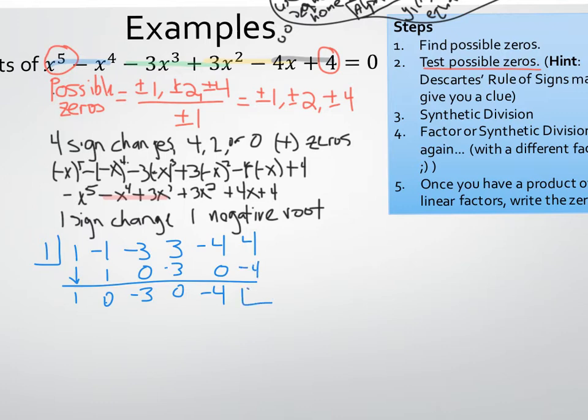And notice we have no remainder. Okay, so the next thing we can do is we can write it in factored form just like we would before. We'll have x minus 1. If you take an x to the 5th and divide by an x to the 1st, that does become x to the 4th.